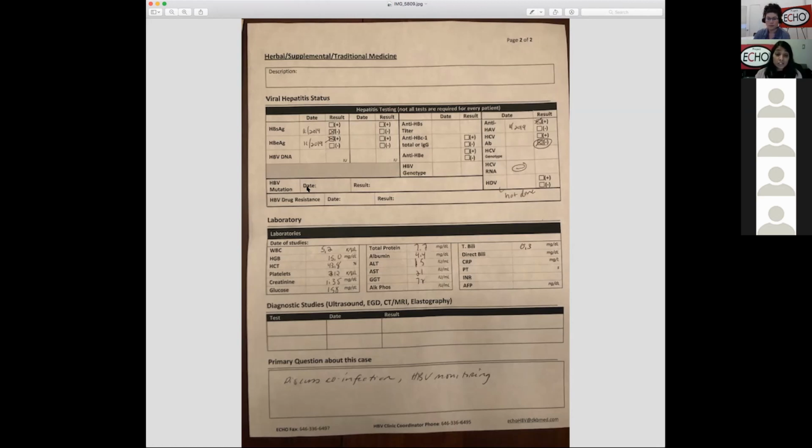You could check additional tests such as the E antigen and E antibody. Certainly you would expect, if anything, the E antibody to be positive if it's cleared infection. If for some reason the E antigen comes back positive, you should also check a DNA level just to make sure something funny is not going on with the surface antigen test.